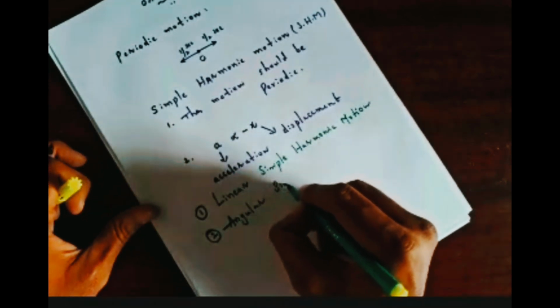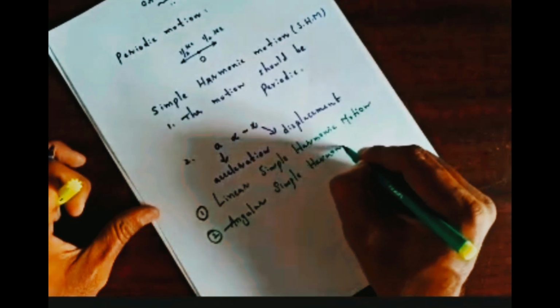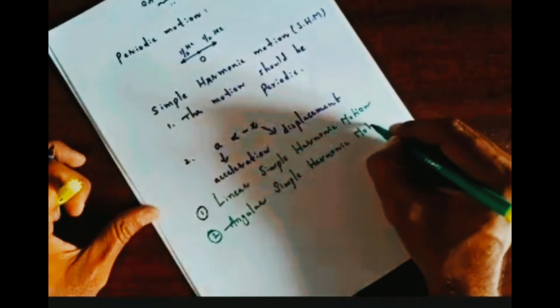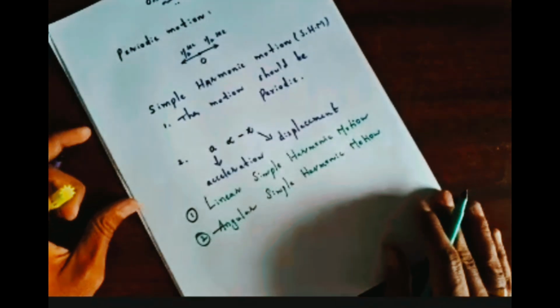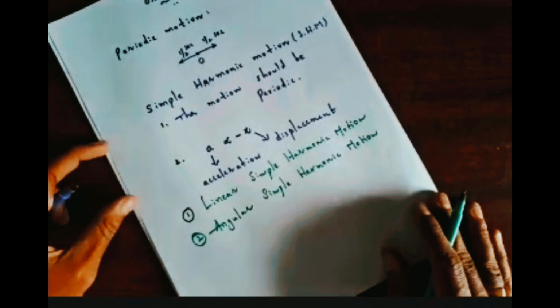Angular simple harmonic motion. One is the linear simple harmonic motion, the other is the angular simple harmonic motion. These are the two types of SHM. At first I am taking the linear simple harmonic motion.